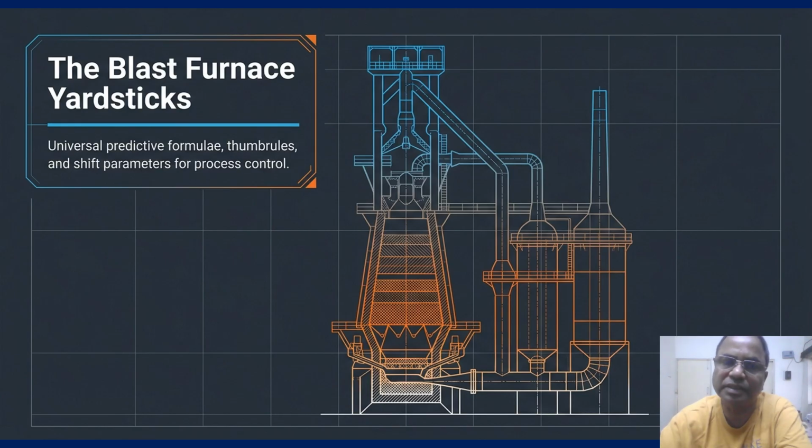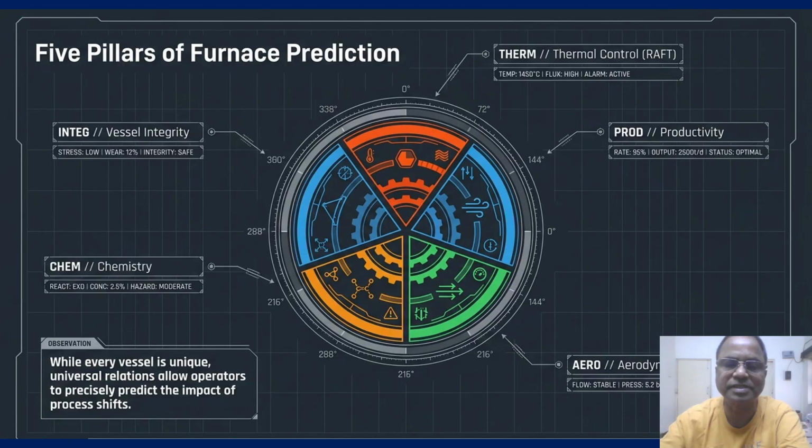So mastering this relation is your first step towards process control. To apply this yardstick, we must first understand the five pillars that define every single prediction we make on the floor. And our next slide exactly addresses these five pillars, and it's supposed to be a very important slide.